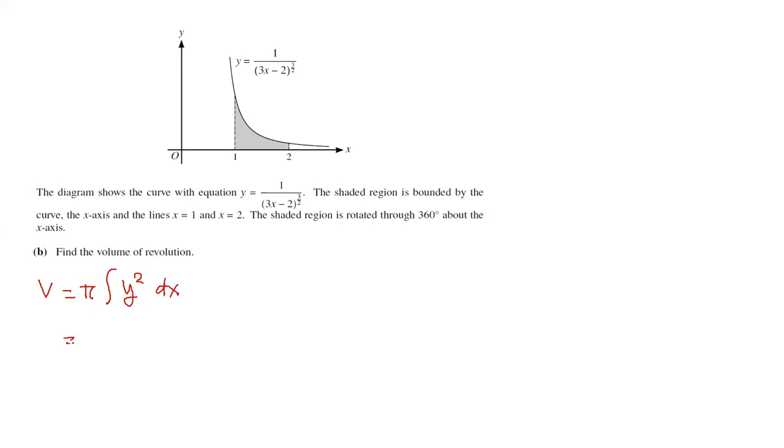or pi times the integration of this one, 1 over (3x minus 2) to the power 3/2, squared, dx.